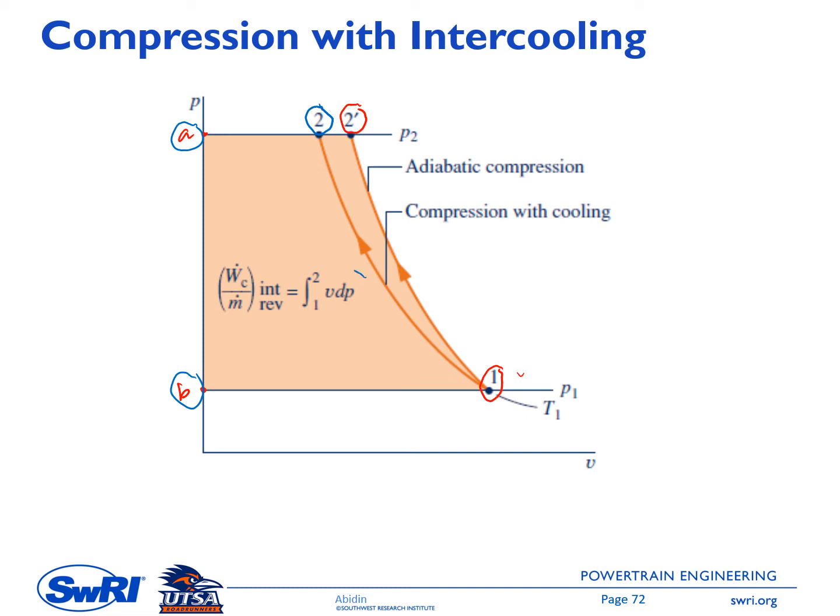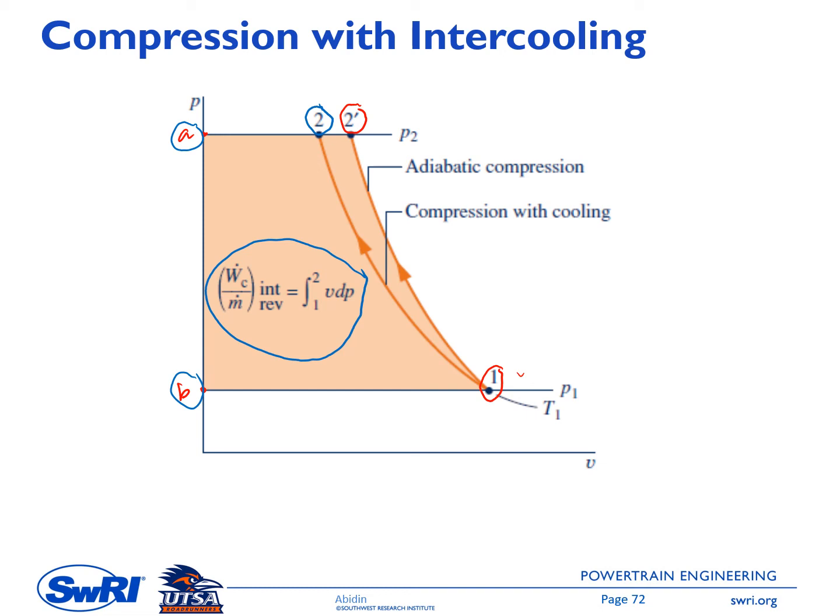And this is the formula to estimate the compression work: the integral from point 1 to point 2 of v dP. Okay, so keep in mind v dP. This is for an open system or control volume system. So once again, if we can apply massive cooling during a compression process, we can shift this process line to the left.